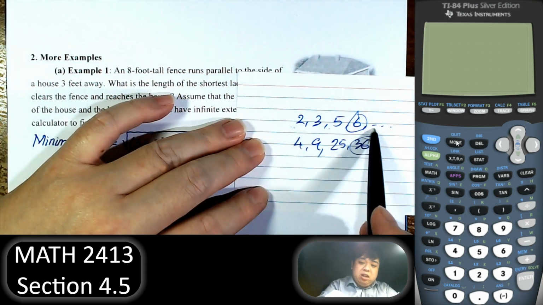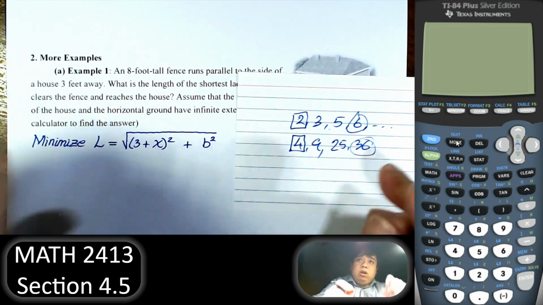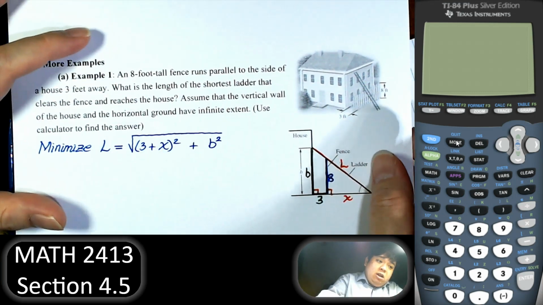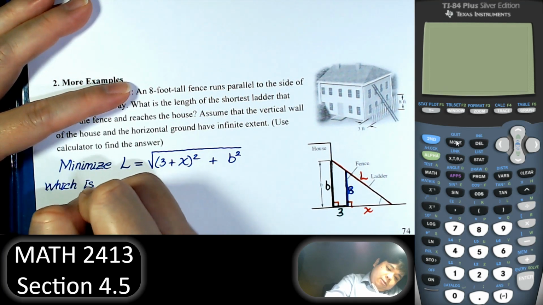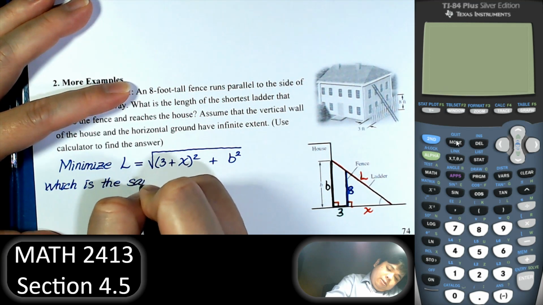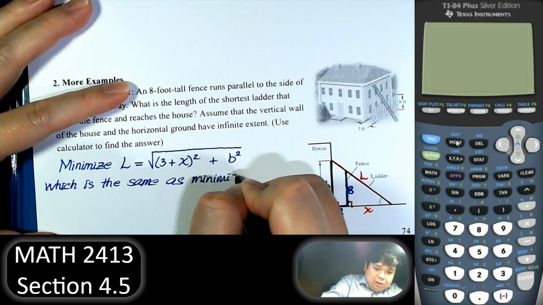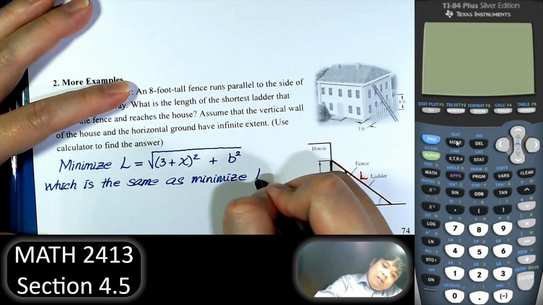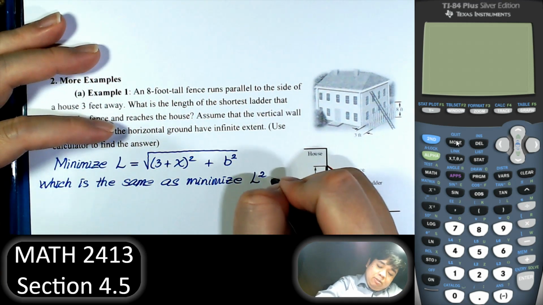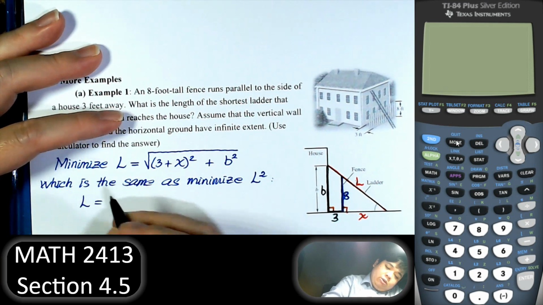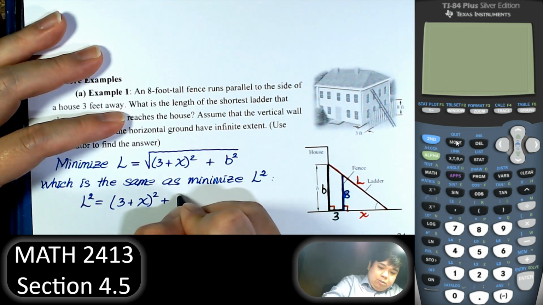Of course, 2 is the smallest one, and the square of 2 is also the smallest one. So minimizing L is the same as minimizing L squared, because if L is minimized, L squared is also minimized. So we minimize L squared, equal to (3 plus x) squared plus b squared.